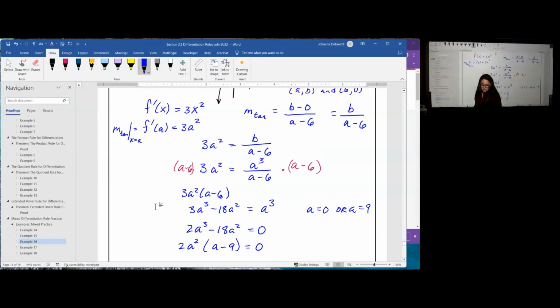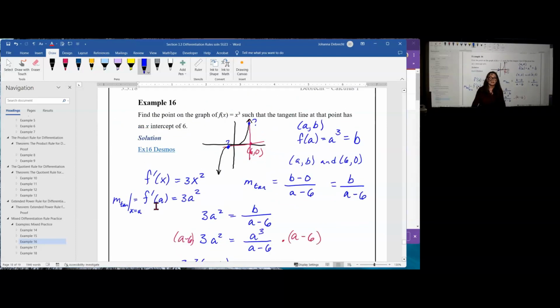If a is 0, where am I on the graph of x cubed? I'm at the saddle point. But that can't be right because I know at that point, the derivative goes horizontal. It's got to have a slope of 0. So that's not the right point. Instead, it's also an x-intercept.